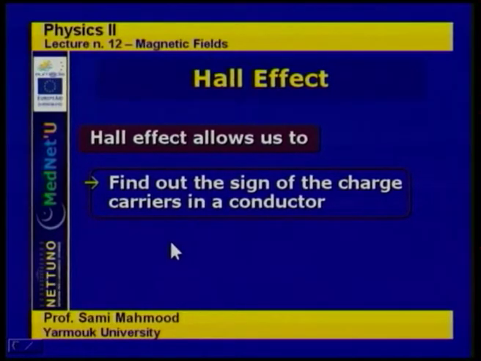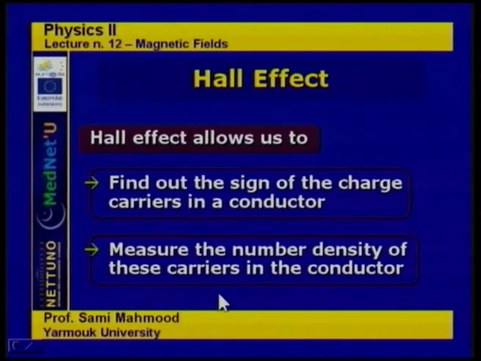Are they the negative ions? Are they the holes? So this Hall effect can allow us to answer these questions. And also, the Hall effect is an experiment by which we can measure the number density of these carriers per unit volume. So some important conclusions about the transport properties of matter can be obtained by this experiment.